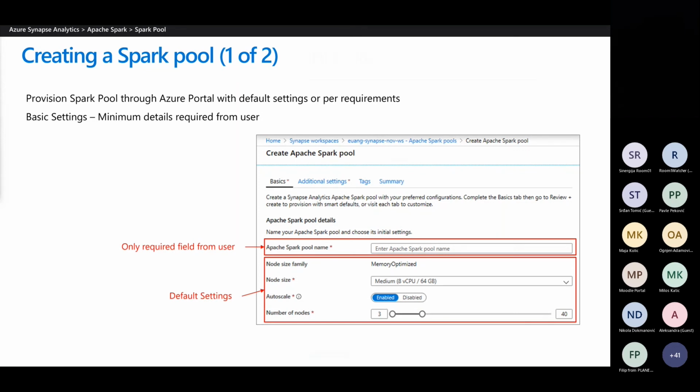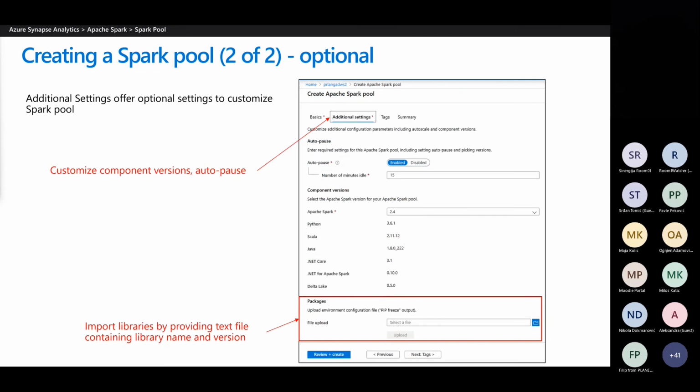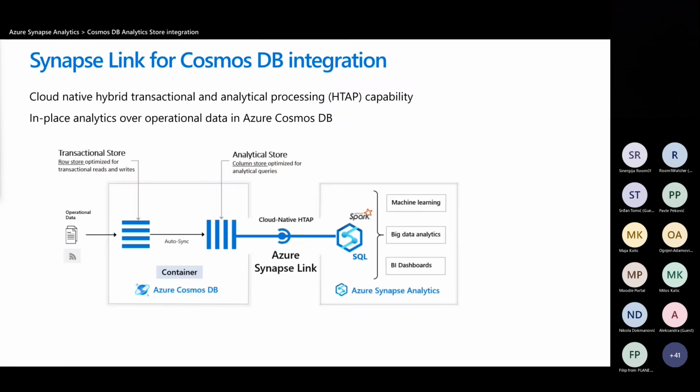You can also specify auto pause, after how many minutes of idle time, and what Apache Spark version you want to use. And you can also import packages. All that is available as part of your Spark engine. Okay, so that's about the engines available and when to use them.